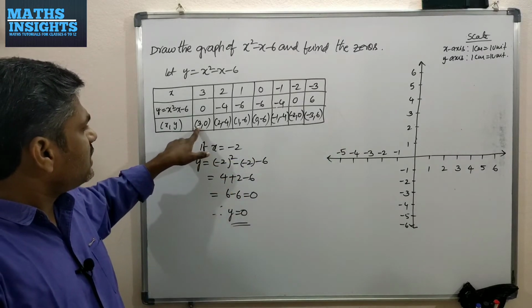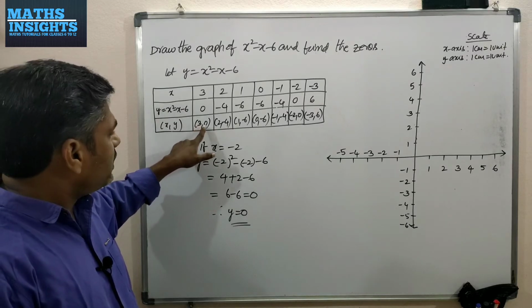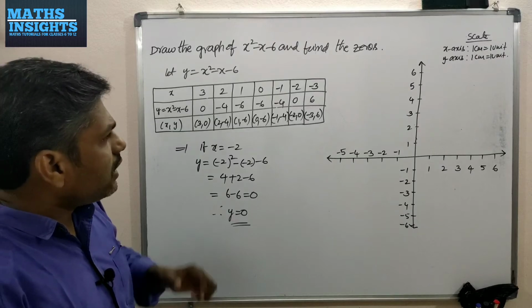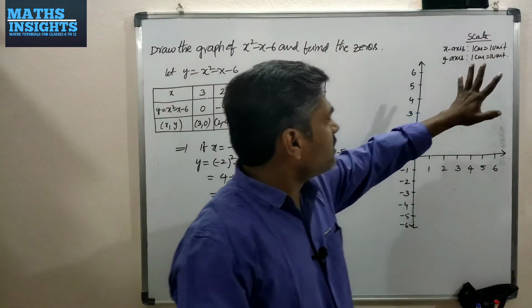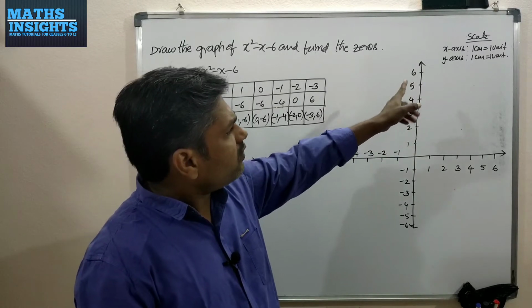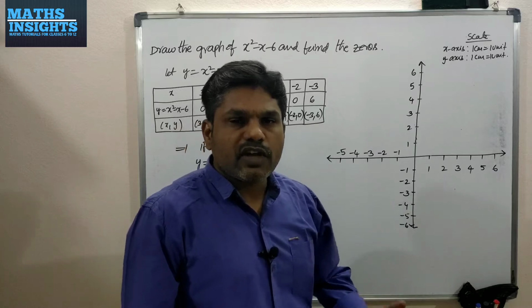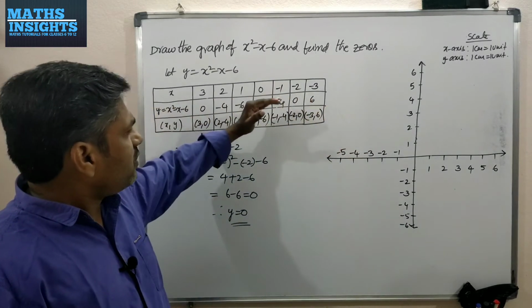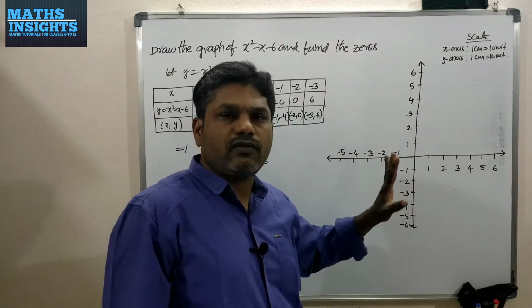First, if you see 3, 0, so 3 is the x coordinate and 0 is the y coordinate. Where it is 3. And also, I have written the scale. On the x-axis 1 centimeter is equal to 1 unit, and on the y-axis 1 centimeter is equal to 1 unit. Why? Because my values are not more than 10, and whatever x and y values I have written here, I have placed on the graph.